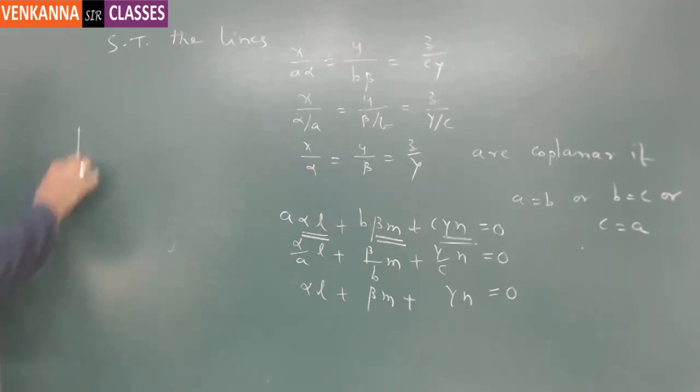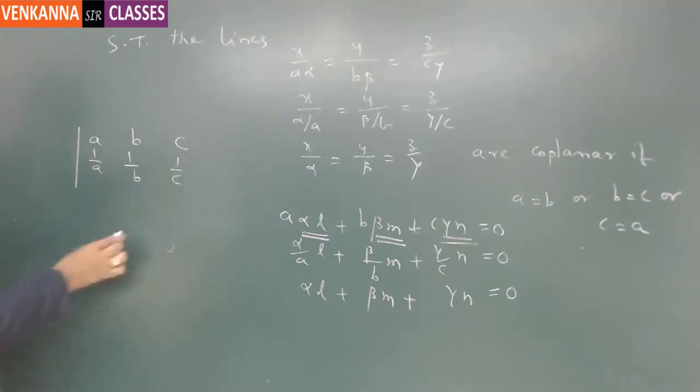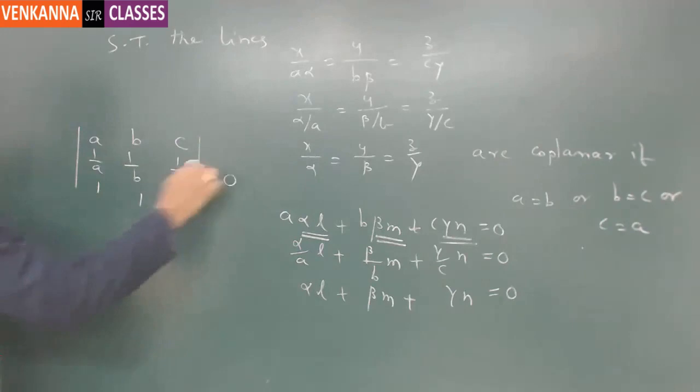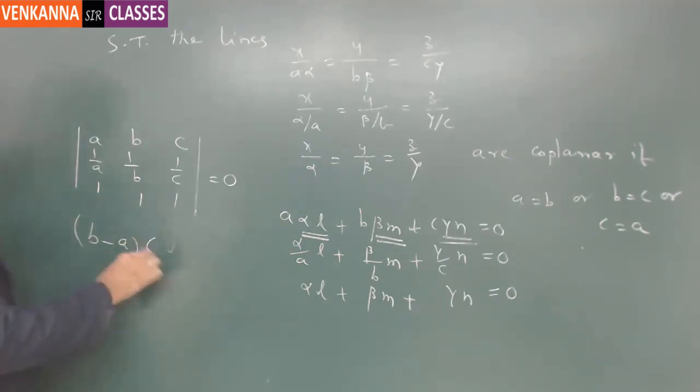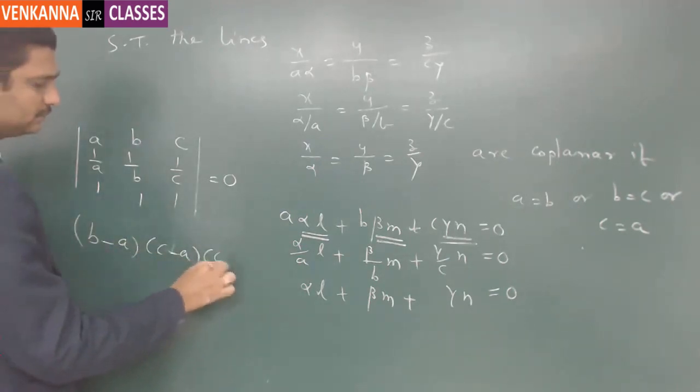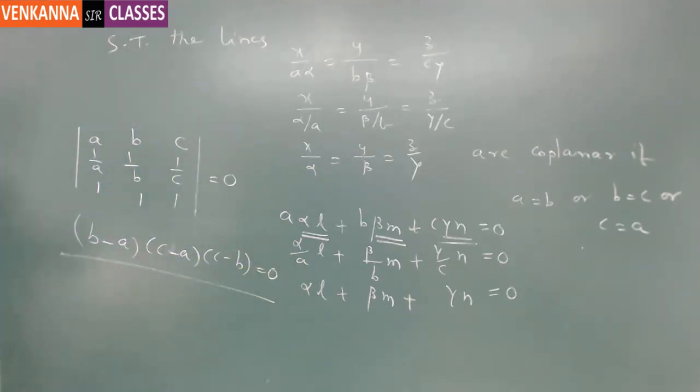So it is nothing but A, B, C, 1 by A, 1 by B, 1 by C, and 1, 1, 1 equal to 0. The determinant can be expanded by using any row or any column. So if you expand the determinant, you are going to get B minus A into C minus A into C minus B is equal to 0. It is a simple determinant.